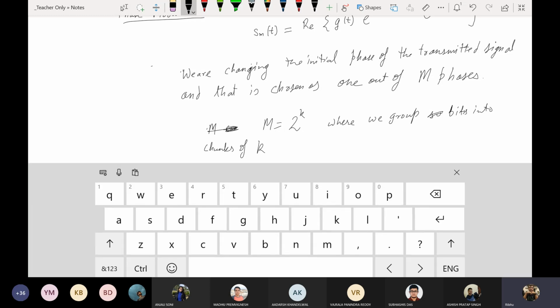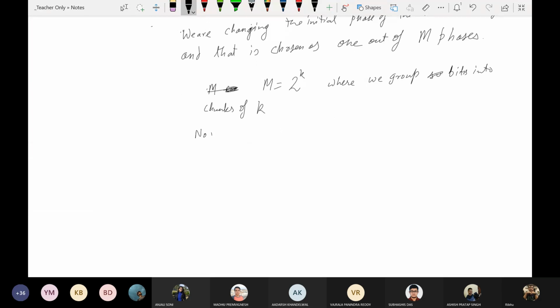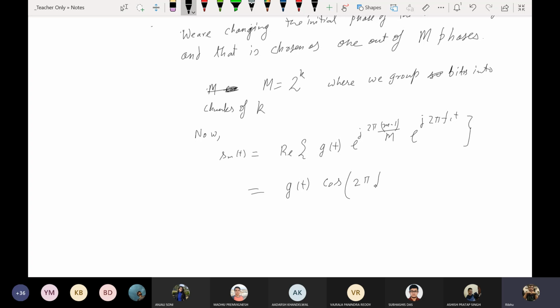Now s_m(t) equals the real part of g(t) e^{j2π(m−1)/M} e^{j2πf_c t}, which equals g(t) cos(2πf_c t + 2π(m−1)/M). This guy, right?